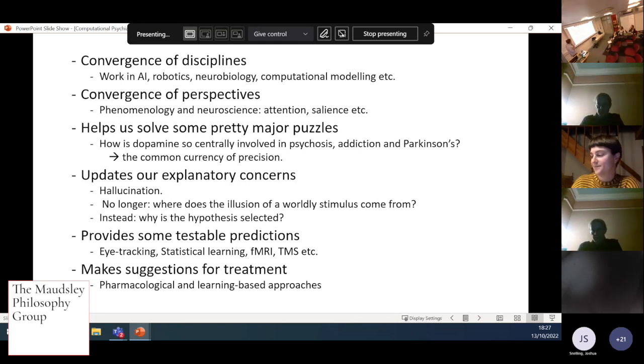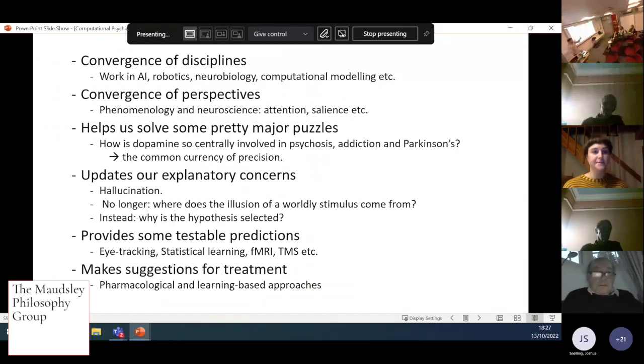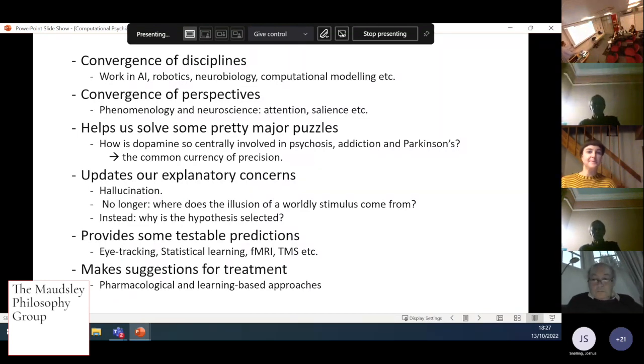They all converge in terms of the results that they end up with. Andy Clark's BBS paper in 2013 gives a really good sense of how people working in different disciplines have converged. You get a convergence of perspectives.